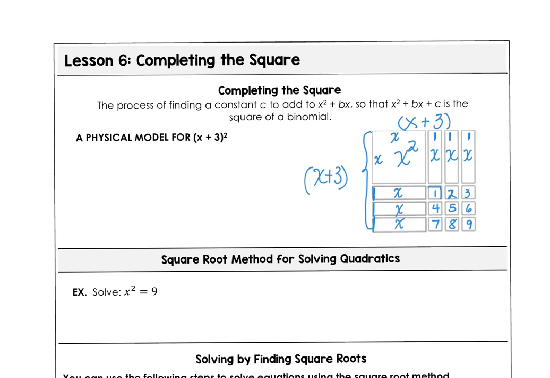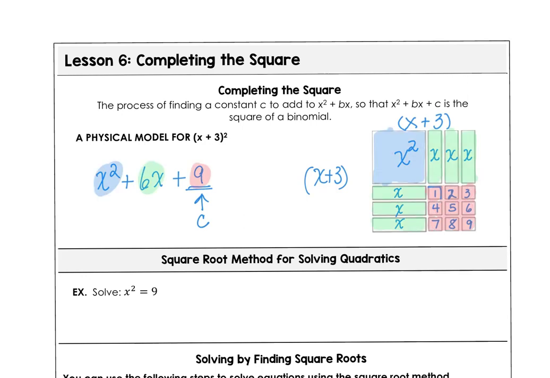When we distribute x plus 3 times x plus 3, we end up with the area model x squared plus 6x's plus 9. So our c value would be 9. We were looking for that missing value to fill in here to create the model that we have.